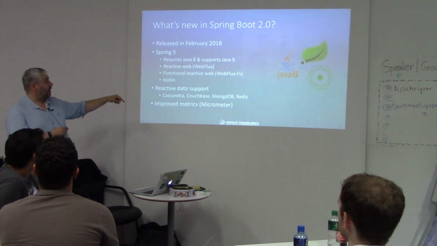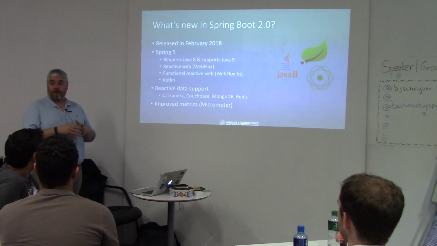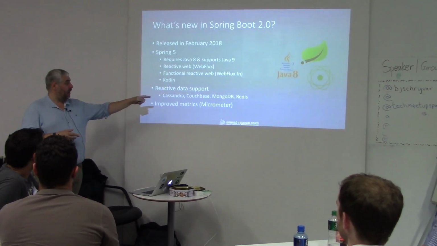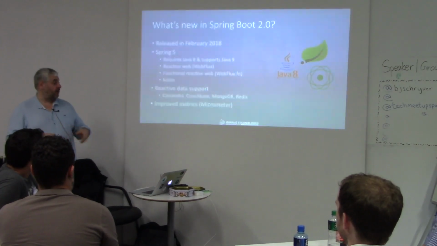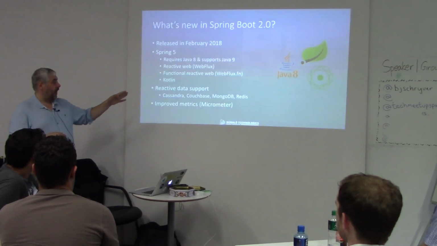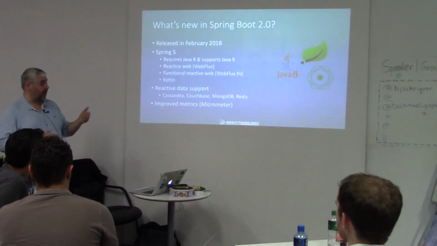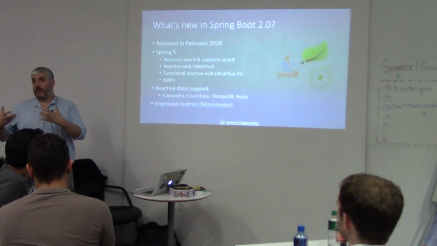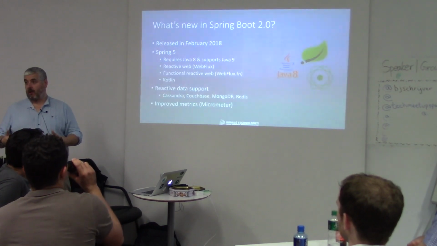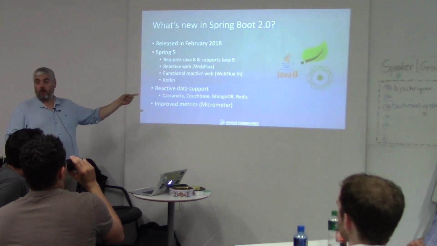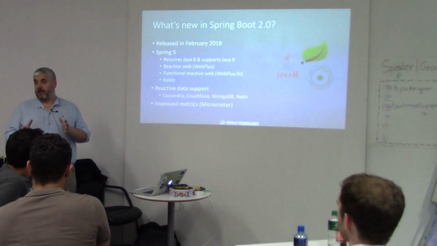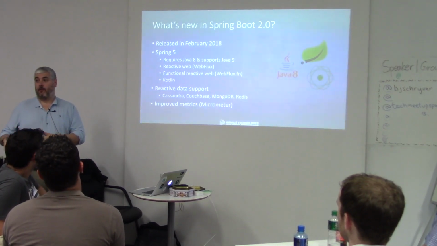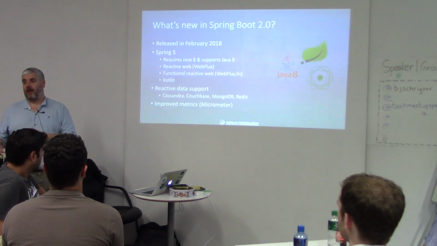So because it's reactive, it's not just reactive in the web framework, right? What they've done is they've added in the Spring Data project, for databases such as Cassandra, Couchbase, Mongo, and them, where they support asynchronous calls, there is now a wrapper for Spring Data that will actually invoke those repositories in a reactive manner.